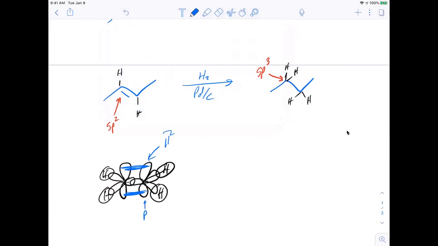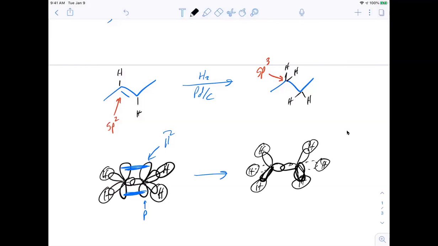So what happens is this converts to that.